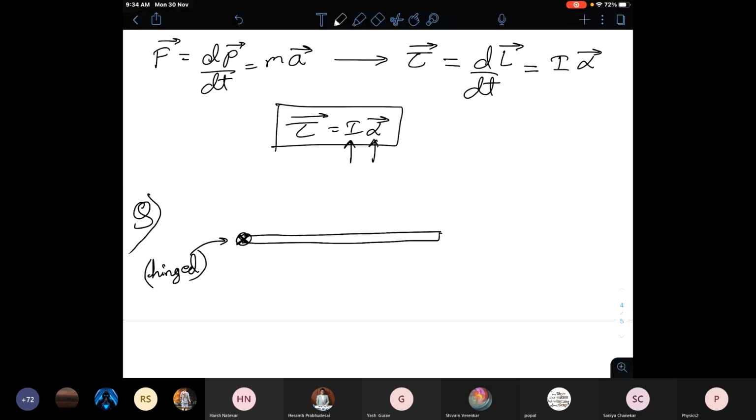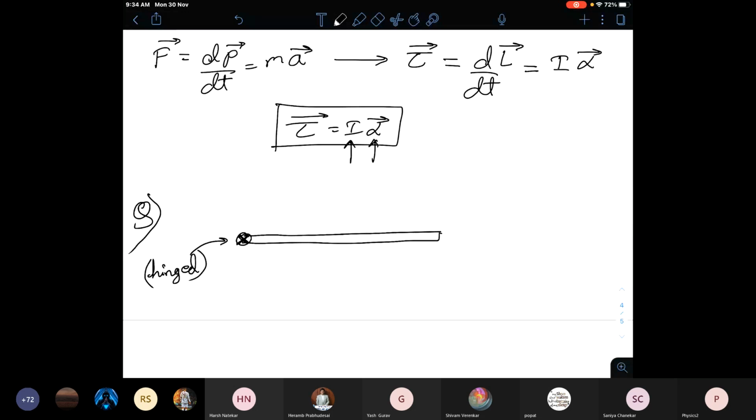That means it is fixed at that point, where the door and wall are meeting. Hinges are those points which are at rest at all times, but the objects around them show rotational motion.